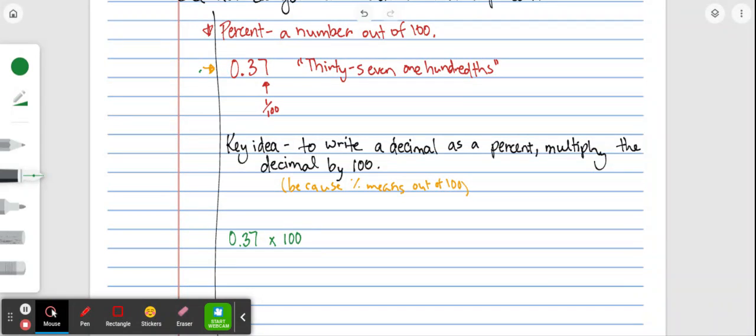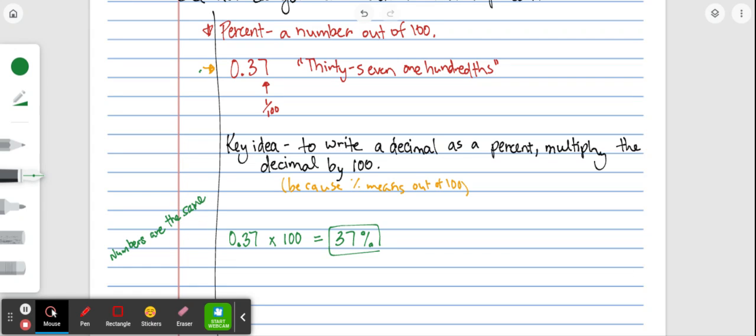So 37 hundredths times 100, if I do this in my calculator, gives me 37%. Okay, that's my answer. That's how I write it as a percent. Just like when I took a percent and wrote it as a decimal, I'm going to notice that the numbers are the same.